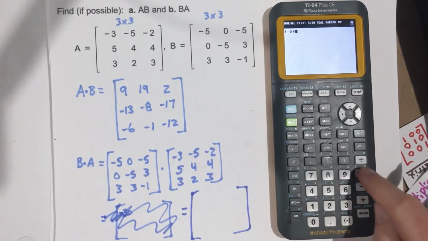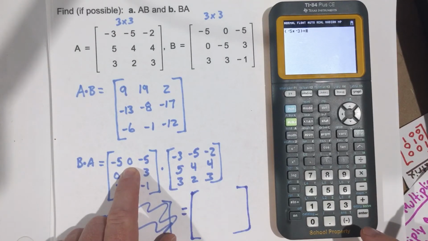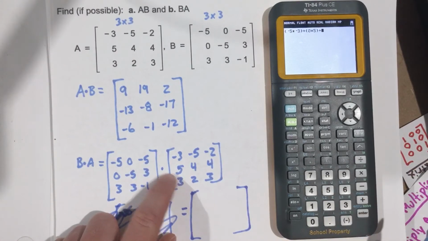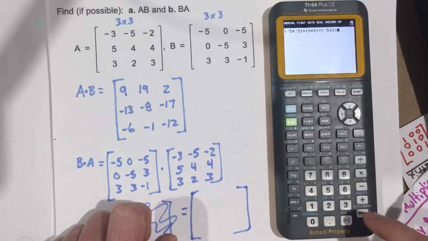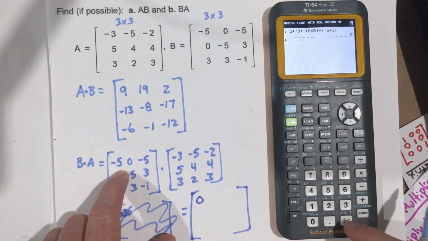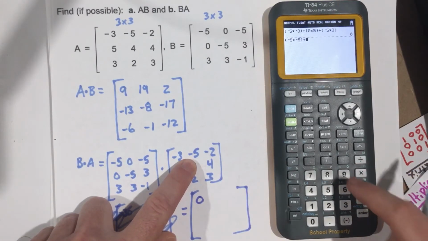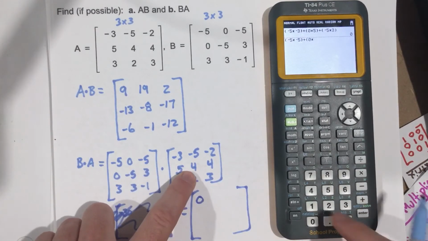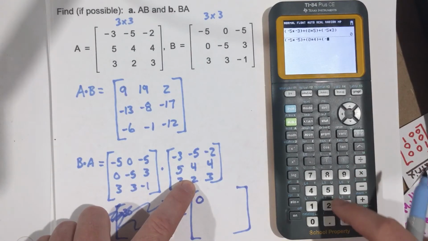Negative 5 times negative 3 plus 0 times 5 plus negative 5 times 3. 0. Now we're going back. Negative 5 times negative 5 plus 0 times 4 plus negative 5 times 2.